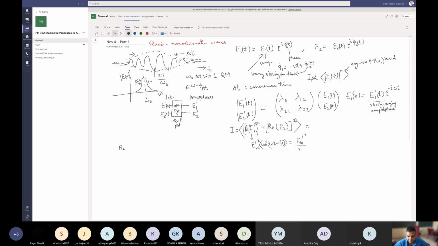So if we write this, this is nothing but 2 times, when we do this averaging, 2 times real part of E1 prime e to the minus i omega t, squared, plus a similar term in the second direction.